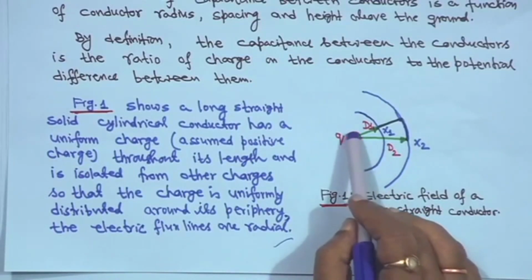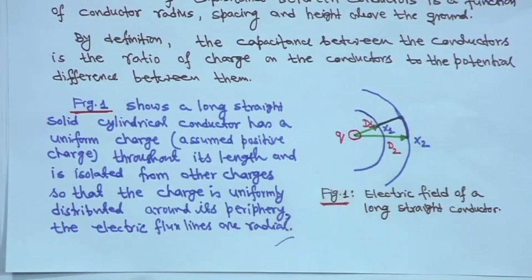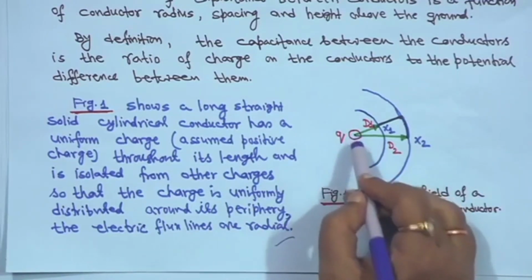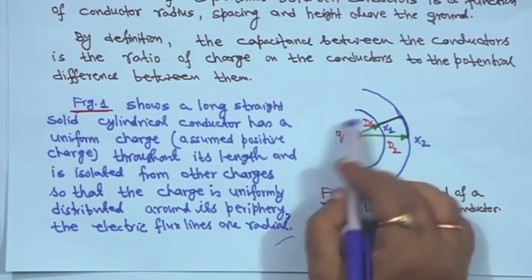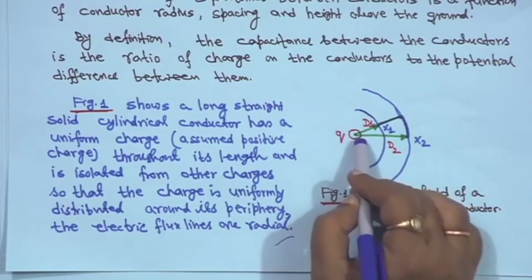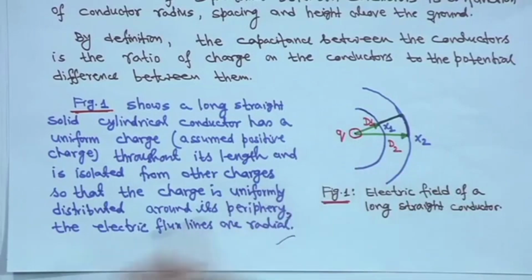We assume it has a uniform positive charge throughout its length and is isolated from all other charges, not affected by any other conductor or any other electric field, so that the charge is uniformly distributed.